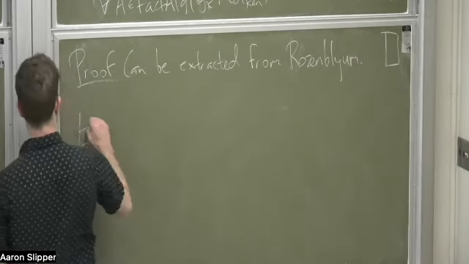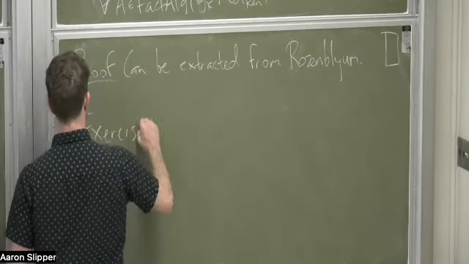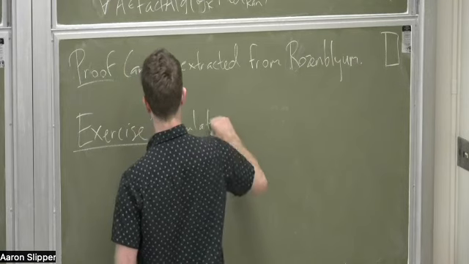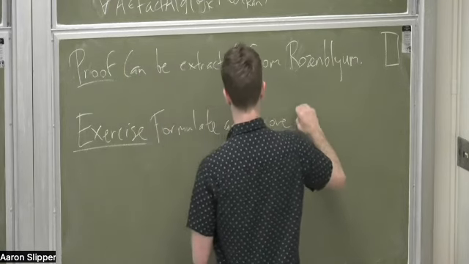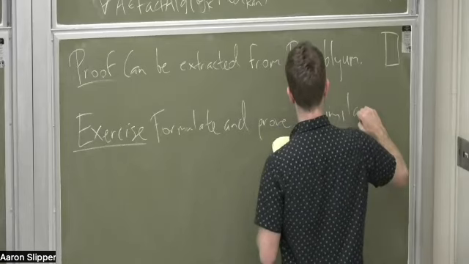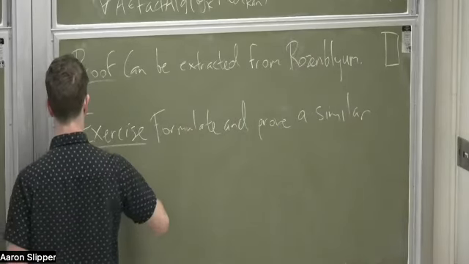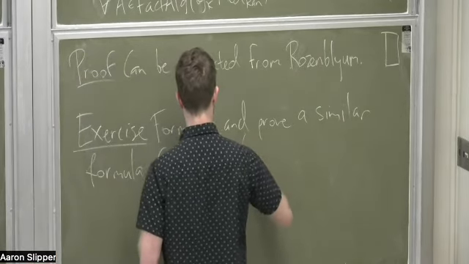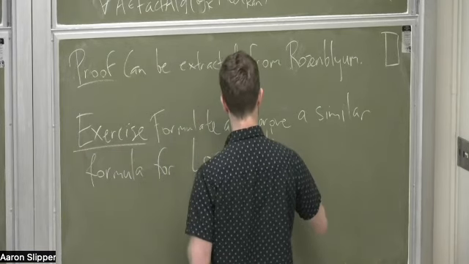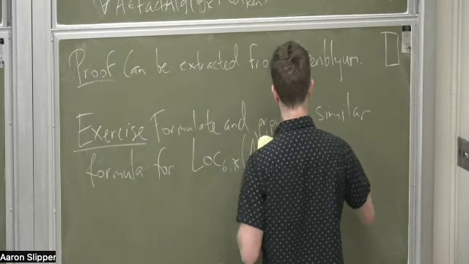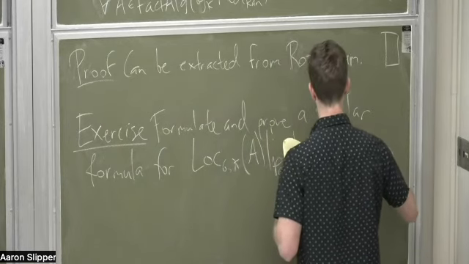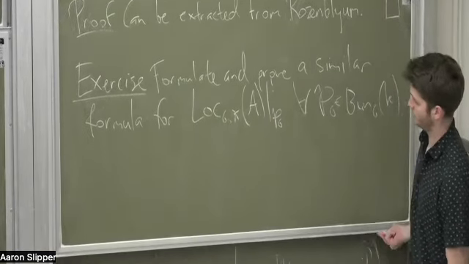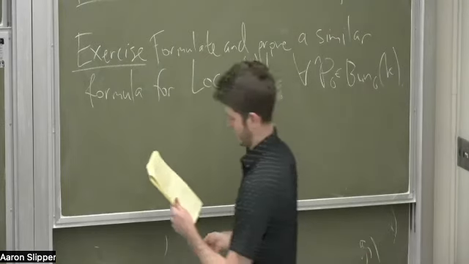All right, so let me write down a couple of things on the board. As an exercise, you can formulate and prove a similar formula for the fiber of localization at an arbitrary point.